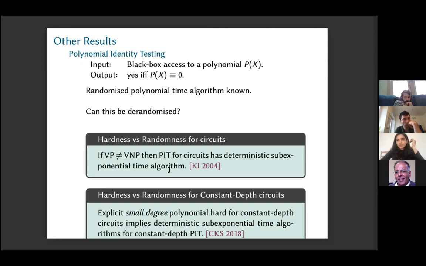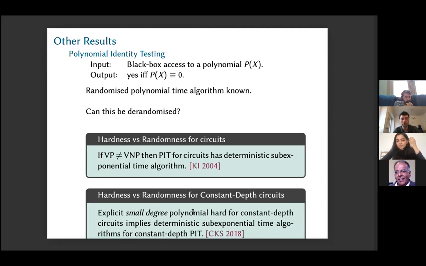And a constant depth version of this, which was proved by Chou, Kumar, and Solomon, says that if you are able to prove a lower bound with respect to constant depth circuits, then the polynomial identity testing question for polynomials represented by that class of circuits becomes easy.